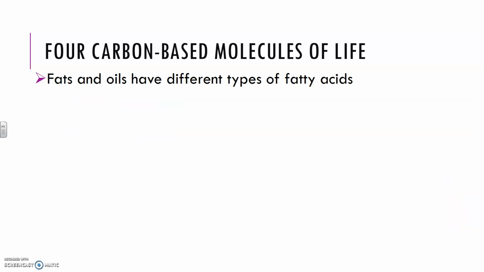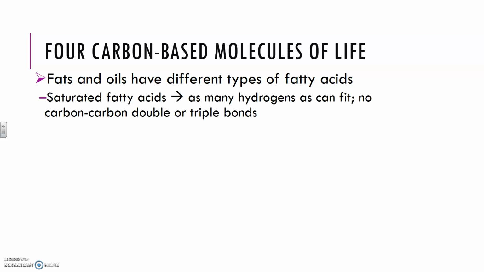Okay. So fats and oils actually have different types of fatty acids. It's why fats are generally found as a solid at room temperature and oils are generally liquid at room temperature. So saturated fatty acids have as many hydrogens as can fit. So you're not going to see any carbon-to-carbon double or triple bonds.